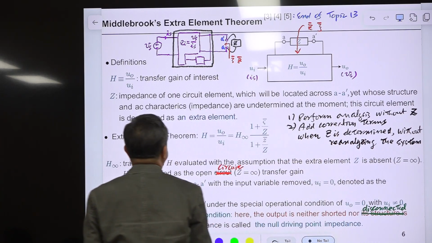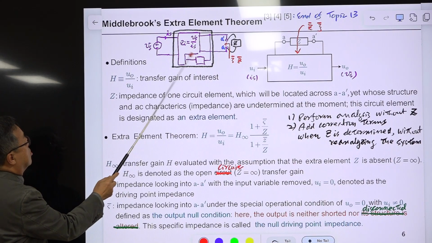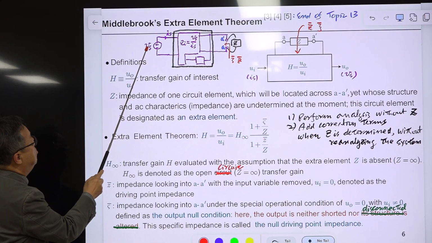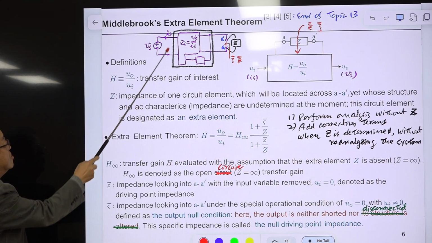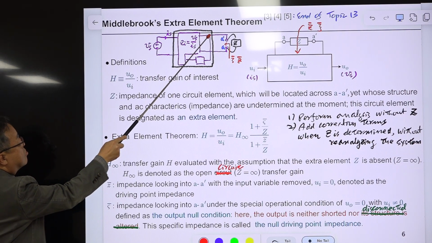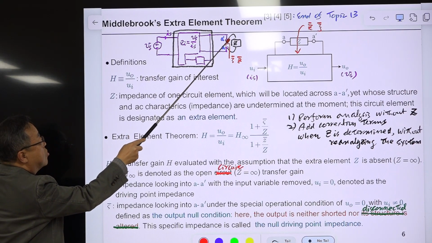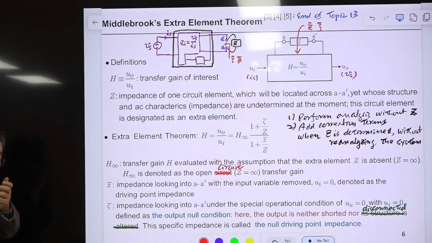Okay, so think about this. This is a converter. So maybe any converter, any PWM converter's power stage. This is the input voltage, and this is the input current. And this is the inside of this black box, and this is the output. So we take out the output at this terminal, and the load is connected between A prime and A. Okay?